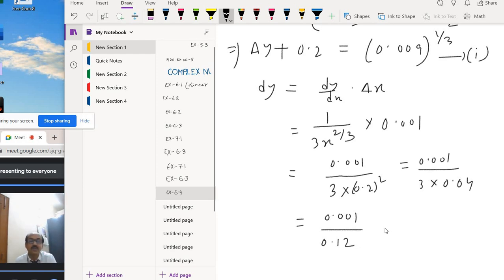Now we can write this as 1 by 12, 1 into 100 divided by 12 into 1000, so 1 by 120.